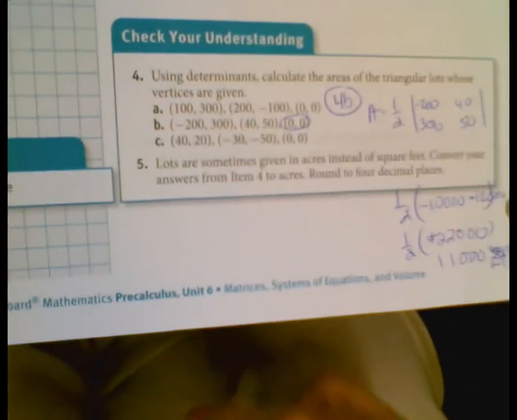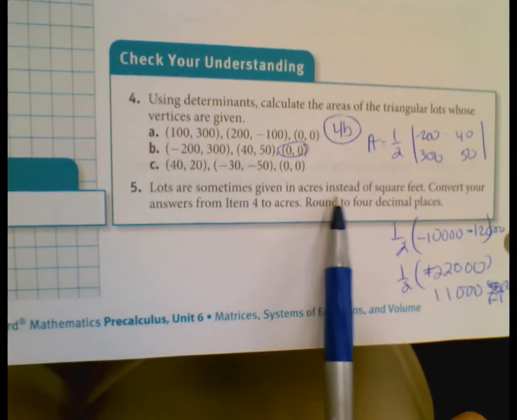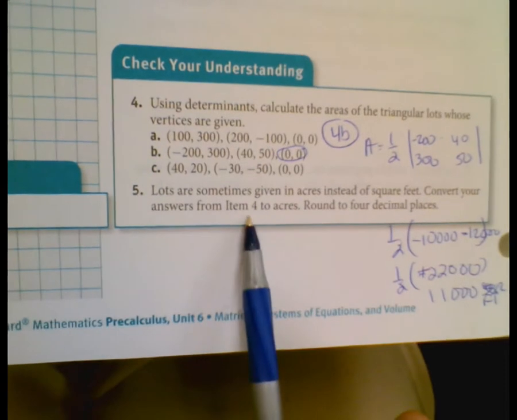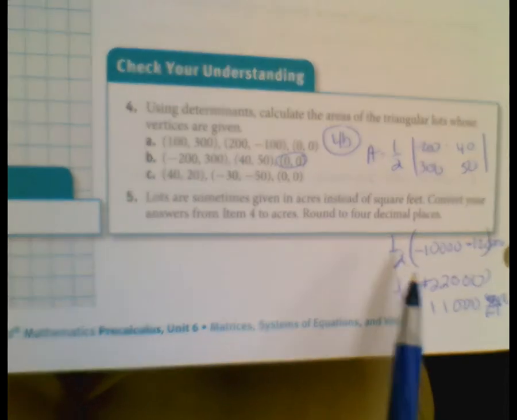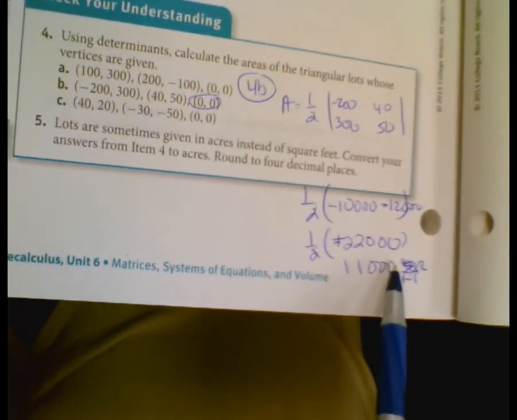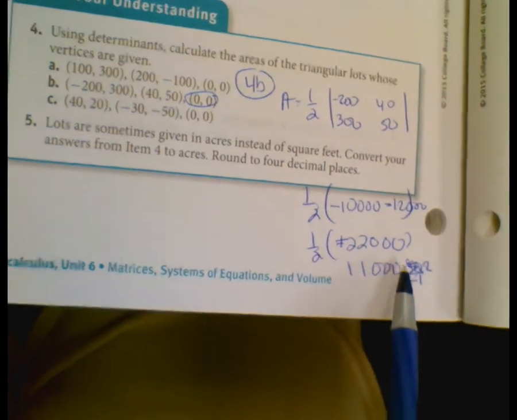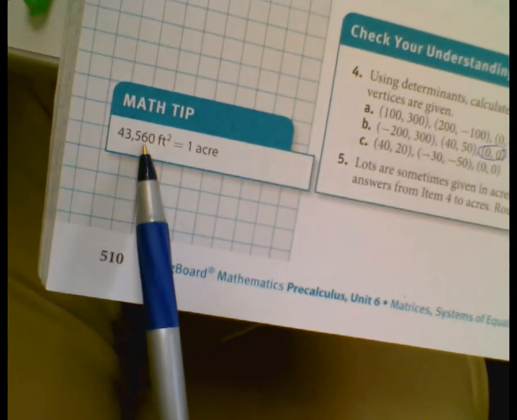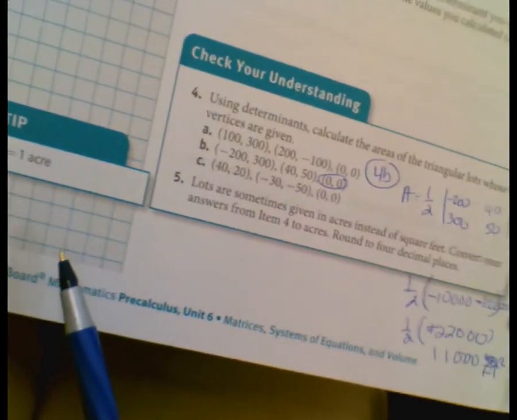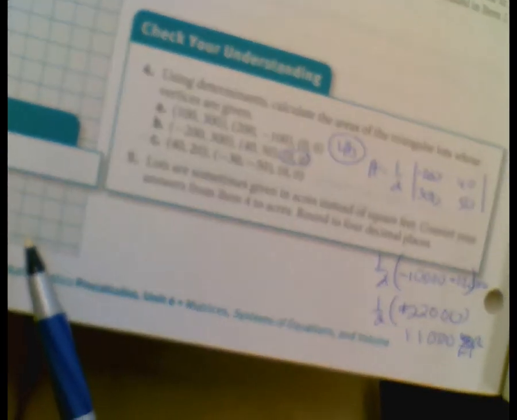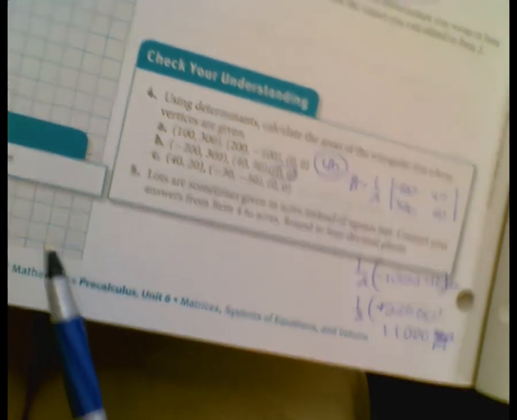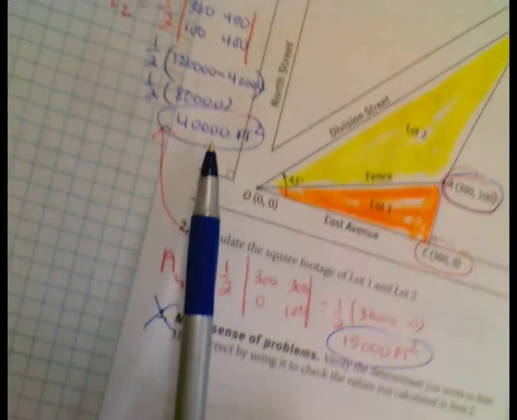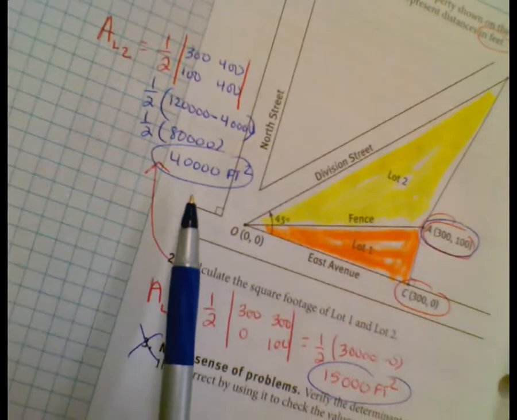Now number 5 says sometimes lots are given in acres instead of square feet. Convert your answers from item 4 to acres. So if we were converting this to acres, do you know how to do that? It says right here, 1 acre is 43,560 square feet. Let's take, for example, the one from up here, 40,000 square feet.